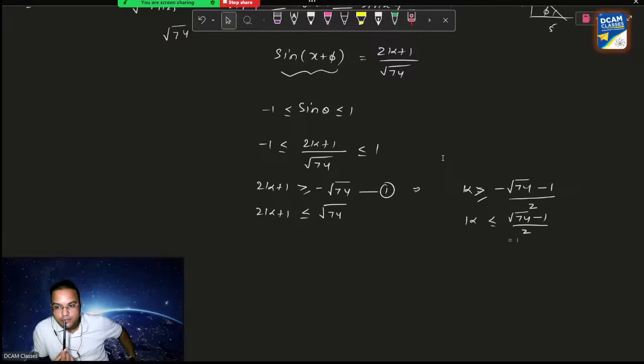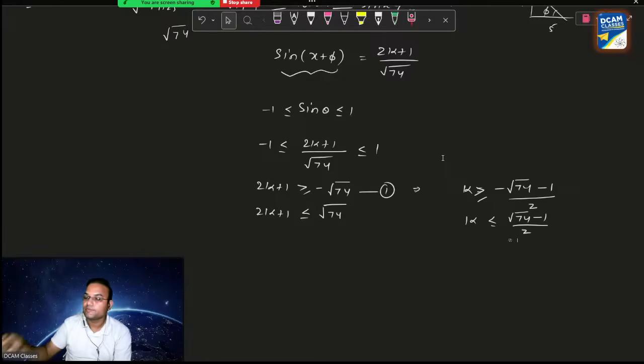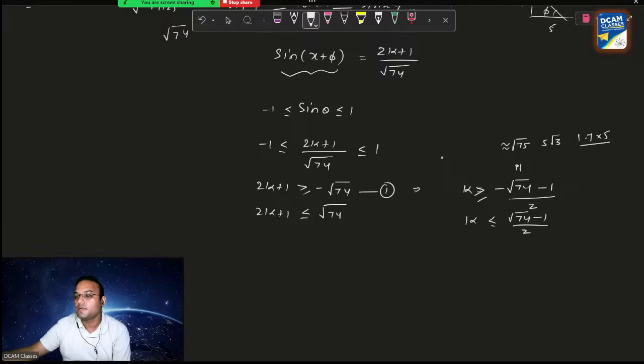Root 75 is 5 root 3, root 3 is 1.7, into 5 it will be 8.5. I have done by approximation. You can take root 74 as root 75 approximately. The approximate value is 8.5.